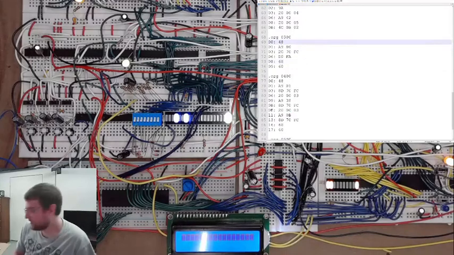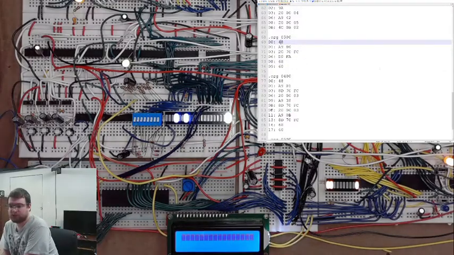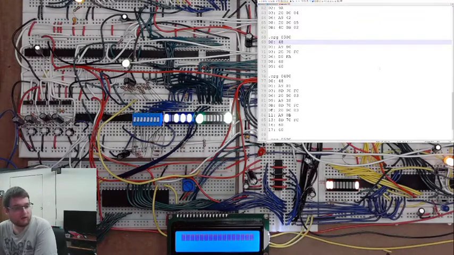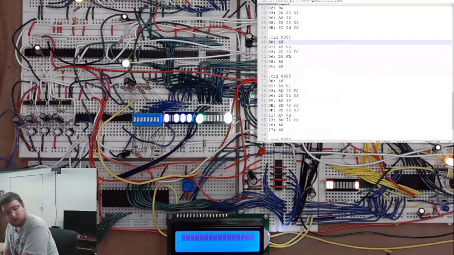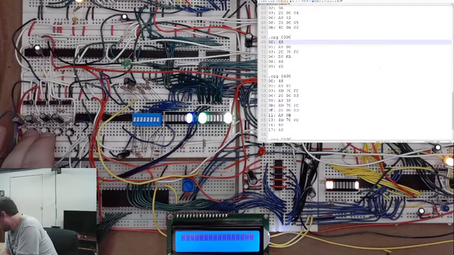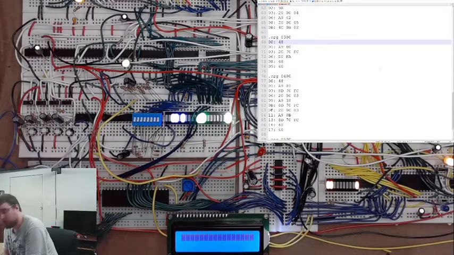Now we are in this code. We are here. So the first thing it's going to do is push A to the stack. So this should generate a stack operation. There's the stack operation. Next up, it should load. No, it should, yes, it is loading something into A. So there we go.